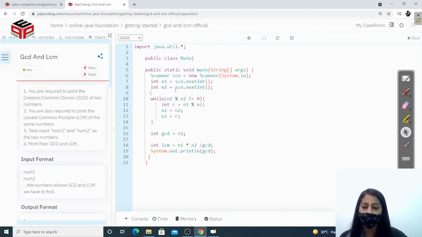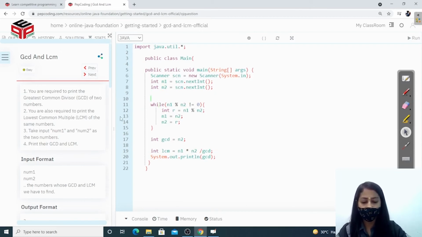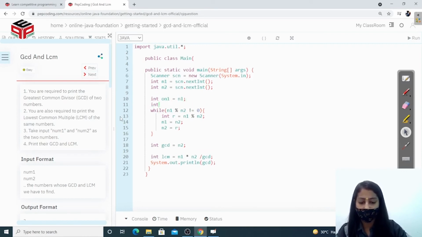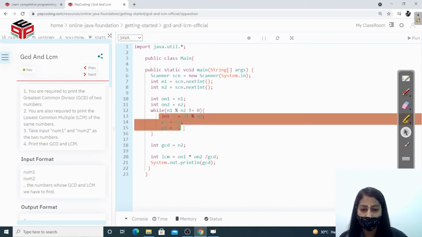Now you can see that here we have modified the values of the two numbers, right? So we have to store the original two numbers in some temporary variables. So let the original first number be equal to this and the original second number be equal to this, right?